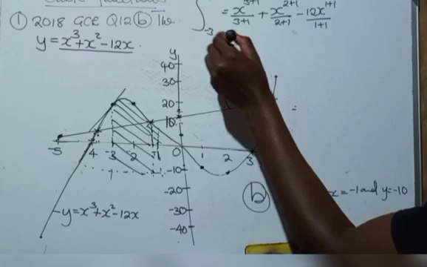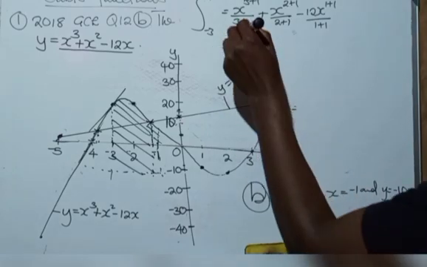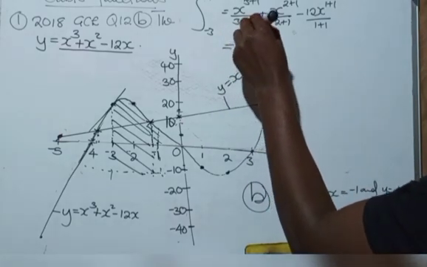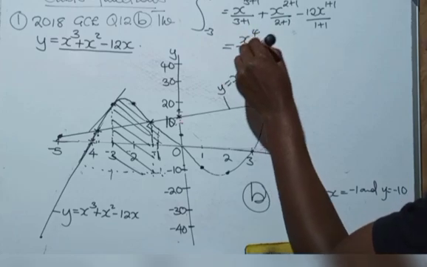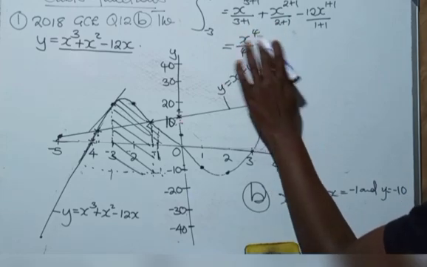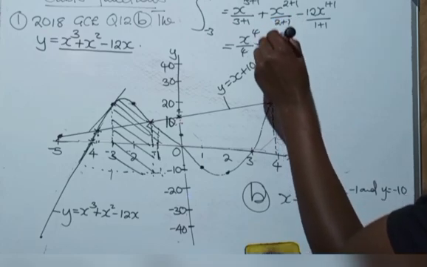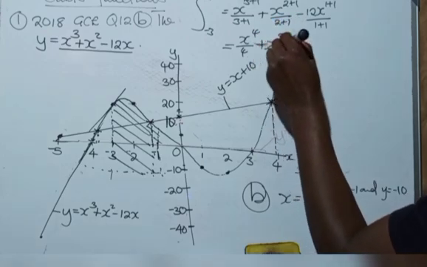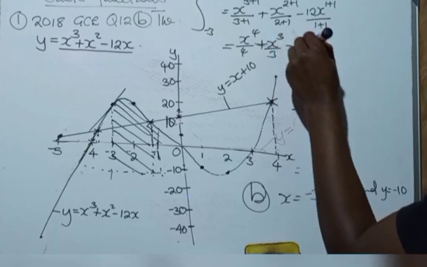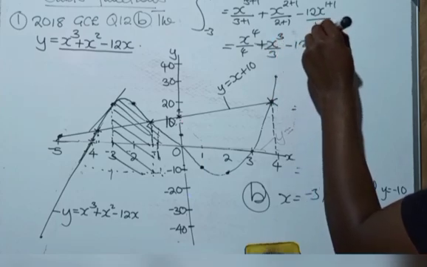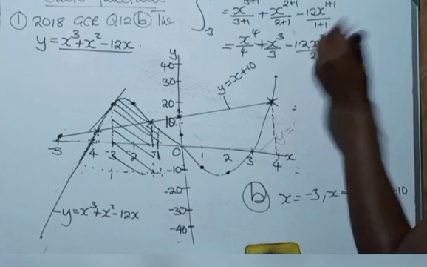What is the integral of this? The integral now will be x to the power 4 over 4, plus x to the power 3 over 3, then minus 12 x to the power 2 over 2.